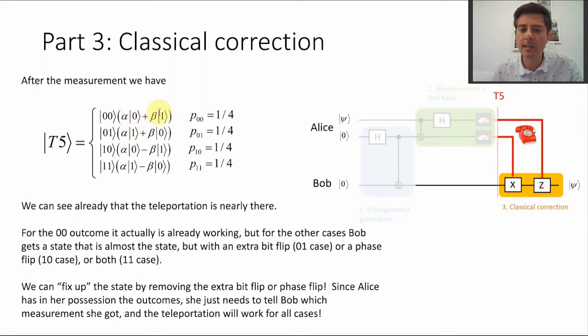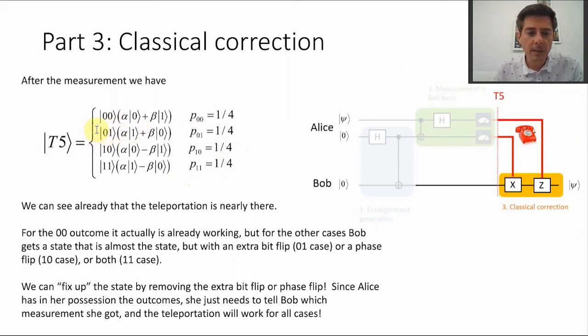That's exactly the state that Alice started off with. So at least for this case, Bob, job done. Teleportation has been completed. The only problem here is that that doesn't always happen. 3/4 of the time, Bob actually ends up with a different state. But actually, even those three other cases are pretty close to what it's supposed to be.